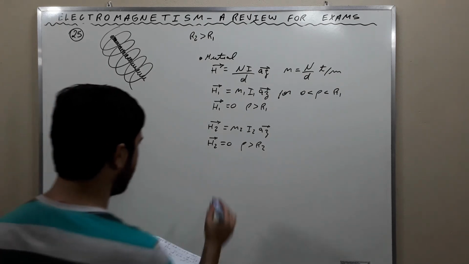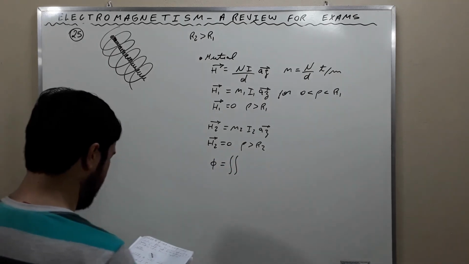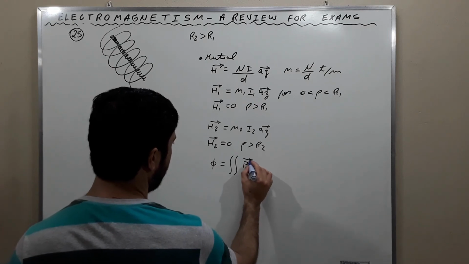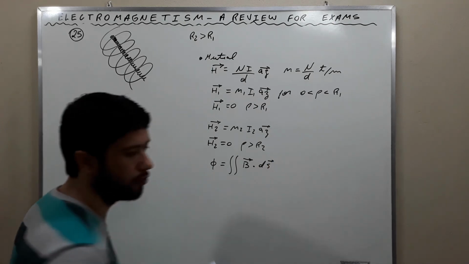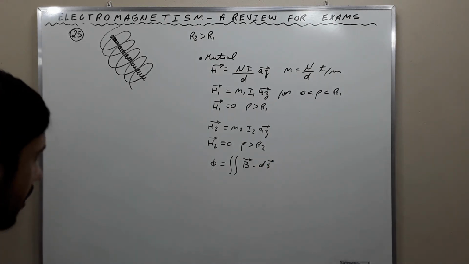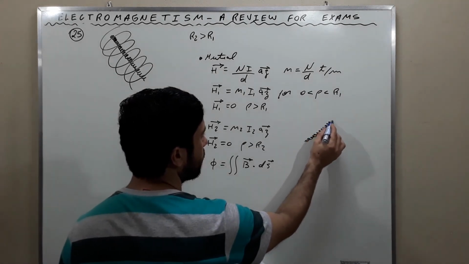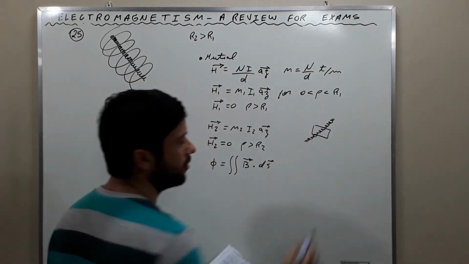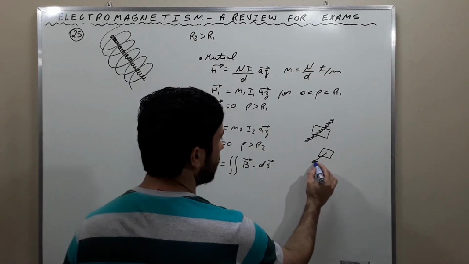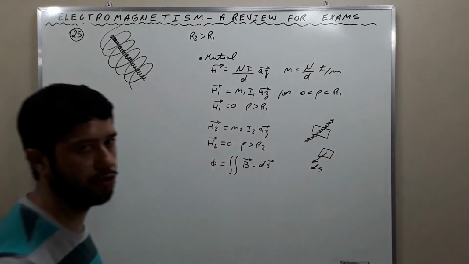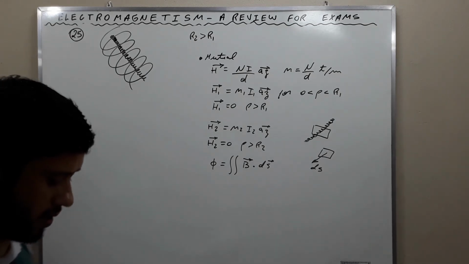The flux can be calculated as the double integral of the flux density with respect to a surface. Okay, and if we have a surface here, this is going to be the orientation of this integral here.